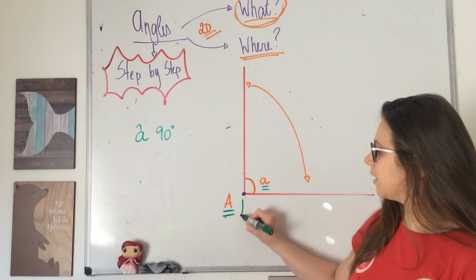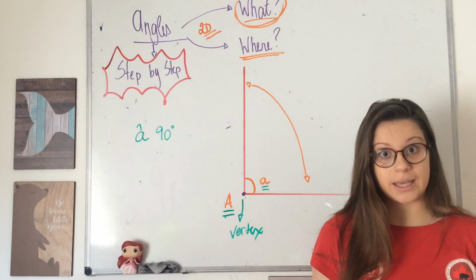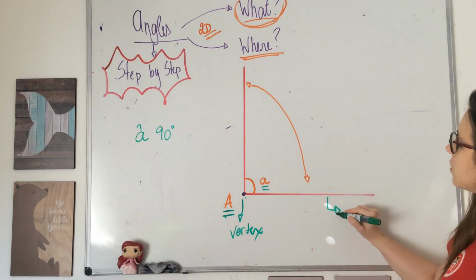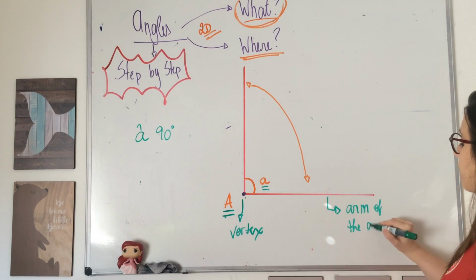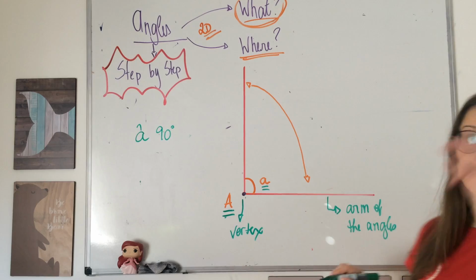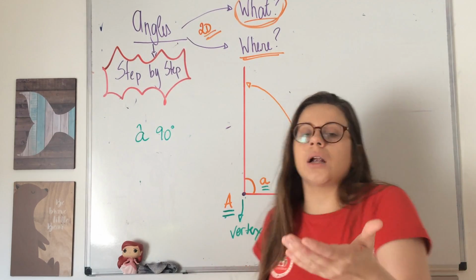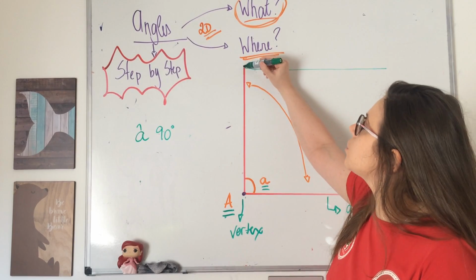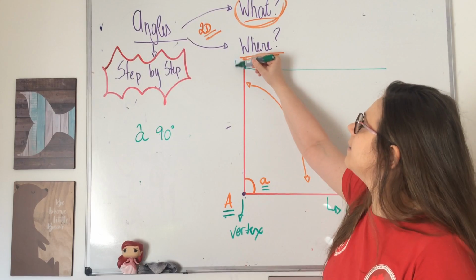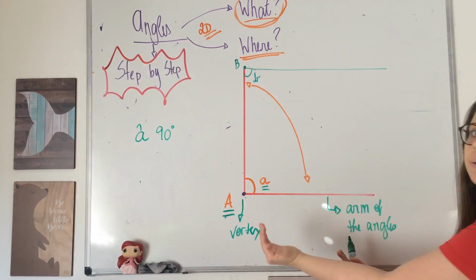We have the vertex, so we always look for the vertex inside the angle, and this is what we call the arm of the angle. All angles have two arms and only two. I don't have angles with a third arm. If I make another line here, I'm going to need to make another vertex and then I am making another angle, not this one.